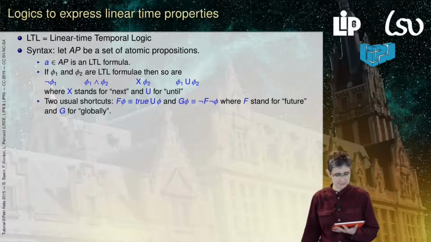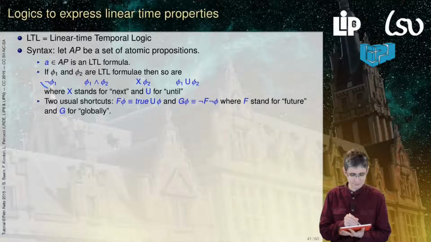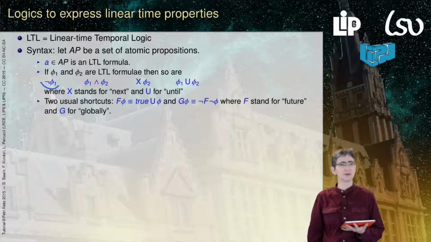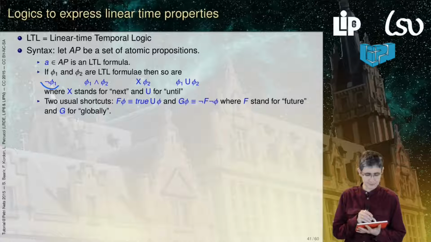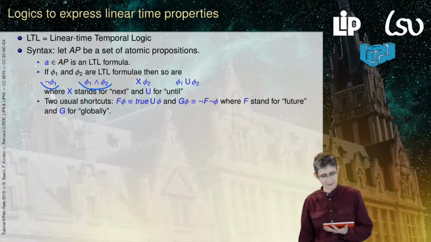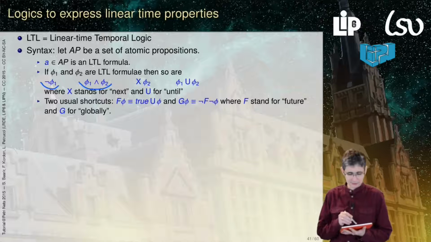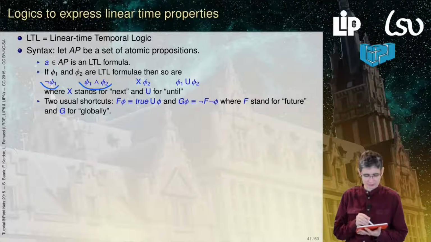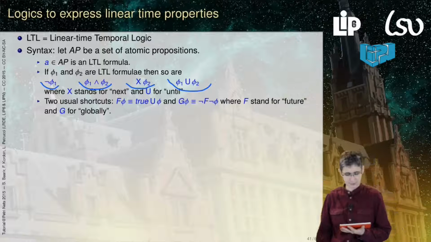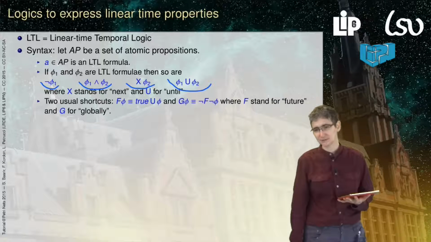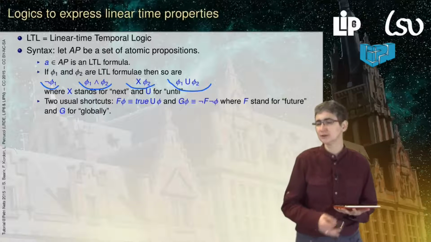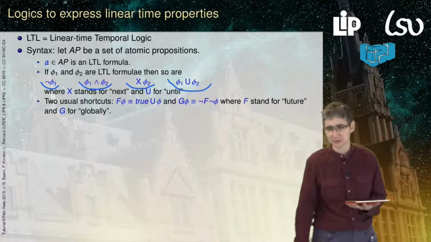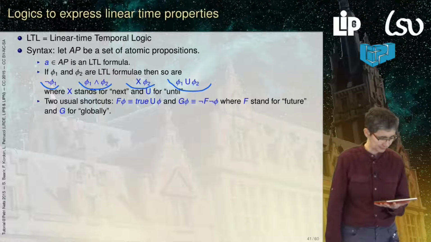So it can be negated, with negation of phi1 here, or you can do a conjunction of the 2 formulas, phi1 and phi2, or you can have other operators, X phi2 and phi1 U phi2, where X stands for next and U for until. They express what happens next, or that a formula should be satisfied until another one is satisfied.